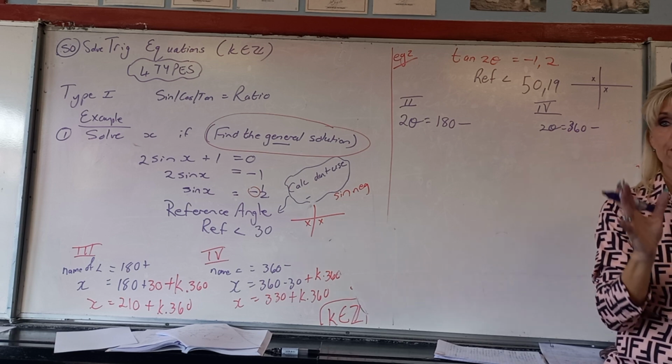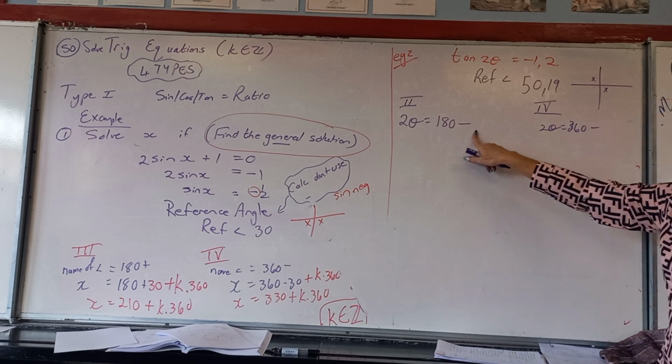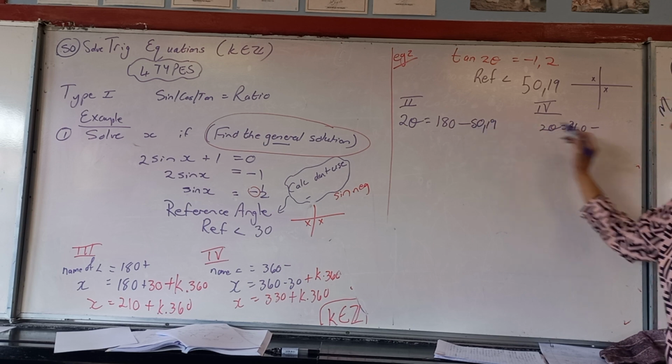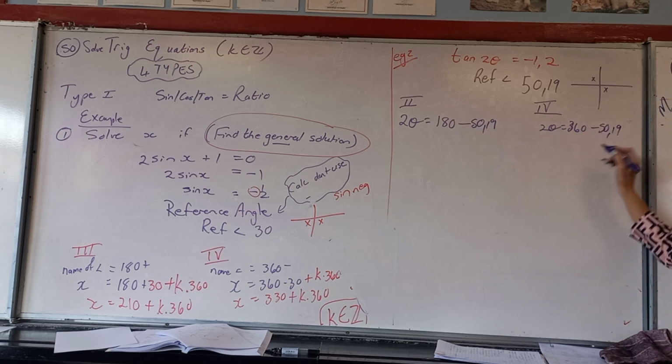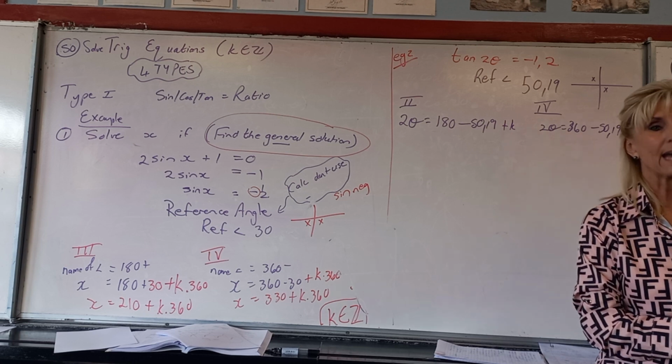You're never going to get away from those basic reduction formulas. All right. Minus what? The 50,19. And what must be added over here? Plus k times 360.